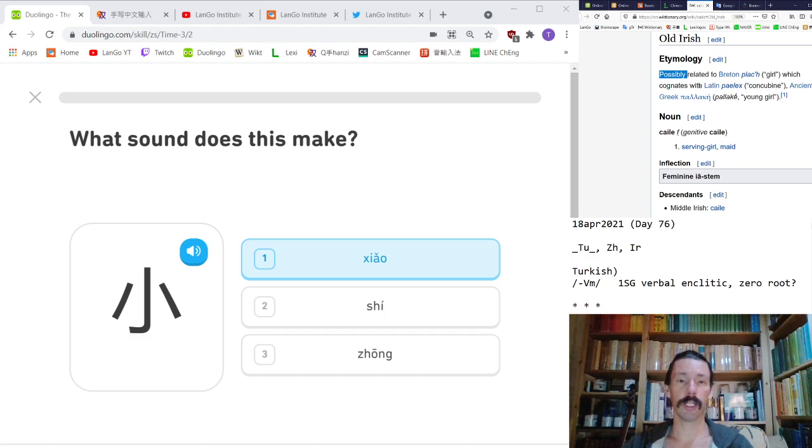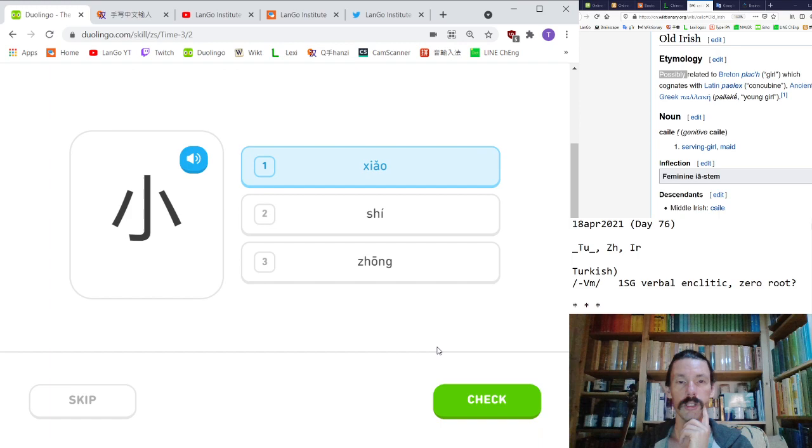Related to Breton plach, I don't know what that represents, which cognates with, ouch, Latin pellex, concubine, ancient Greek pallake, young girl. So not, according to this very well informed etymological speculation, but there's no final word on that. They certainly have some letters in common, but the double L in boy and the single L in girl don't look too similar to me. I don't know, maybe those could be related.